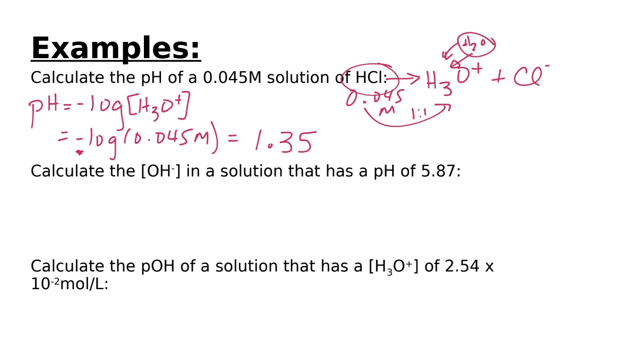The second one says calculate the concentration of hydroxide ion in a solution that has a pH of 5.87. Well, if you look at your formulas, if you're calculating the concentration of hydroxide, you need a pOH value, and we've given you pH. So we need to calculate the pOH of this solution, and that is not an issue.